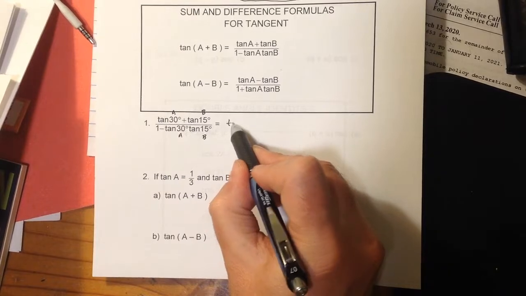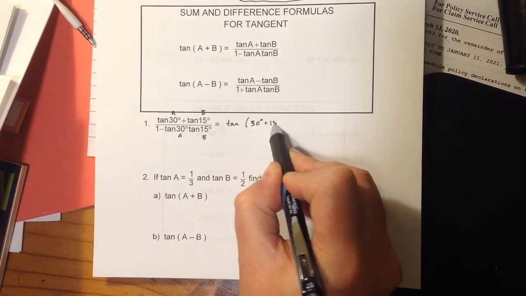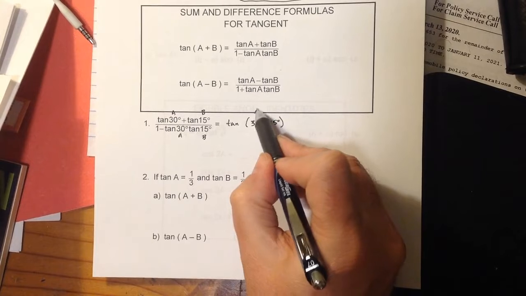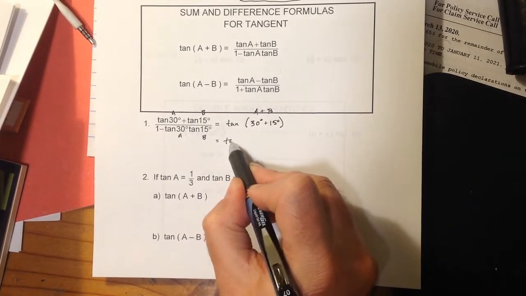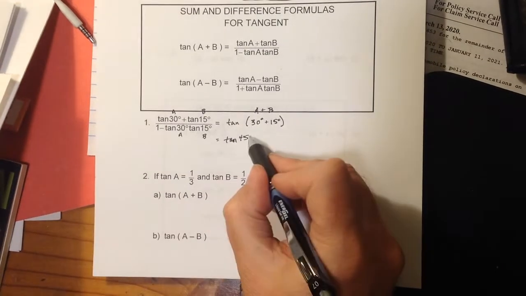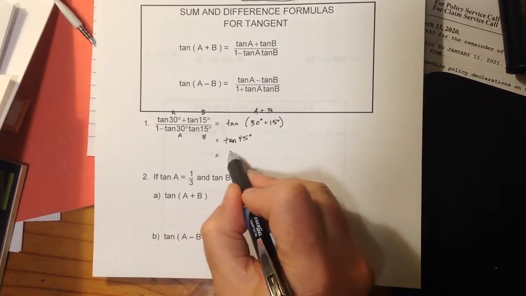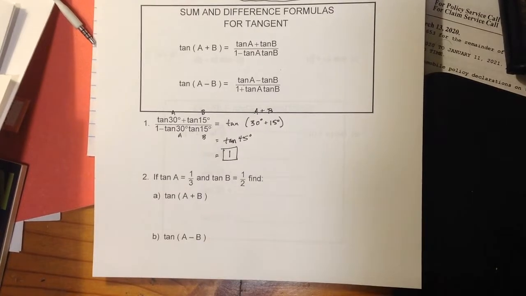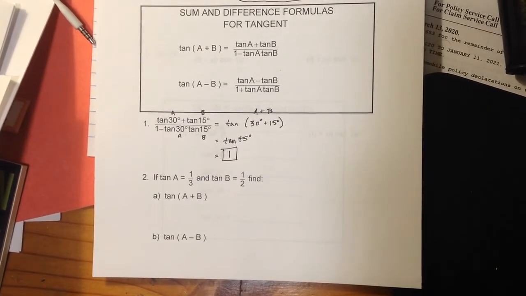So this equals tangent of 30 degrees plus 15 degrees, and 30 plus 15 is 45 degrees. And we know from our unit circle tangent of 45 degrees equals a positive 1. That's all we'd have to do there.